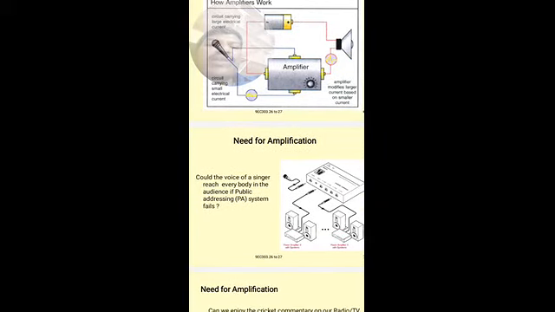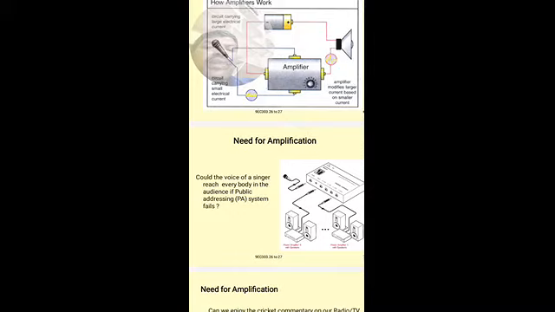Actually the need of amplification: the voice of the singer should reach everybody in the audience. If a public addressing system fails, it is not possible to reach the voice of the singer to all the audience.